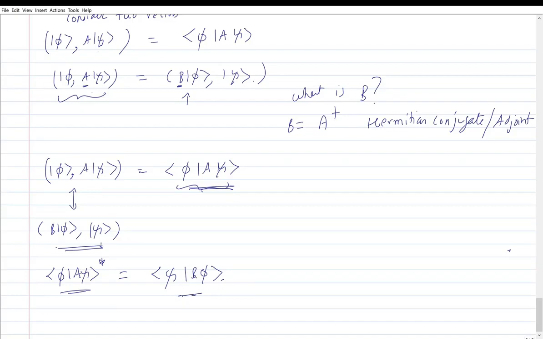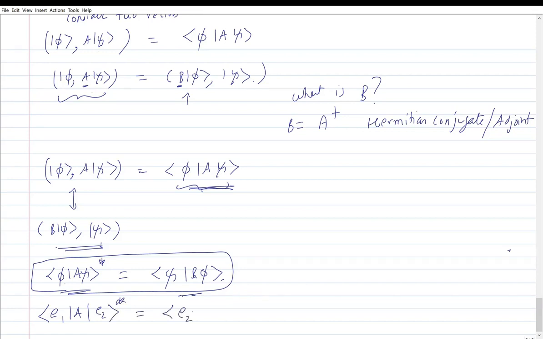And now I can calculate B. Let me work with some basis elements. This definition is valid for any phi and psi, so let me do it for basis vectors e_1 and e_2, an orthonormal basis. That's going to give me e_1. Well, there you have. We already saw that these are the matrix representations in terms of an orthonormal basis.